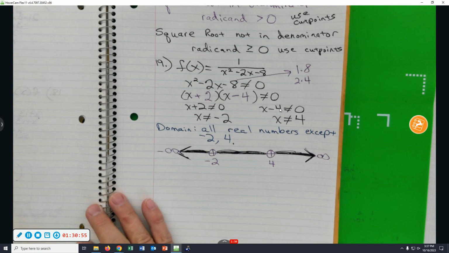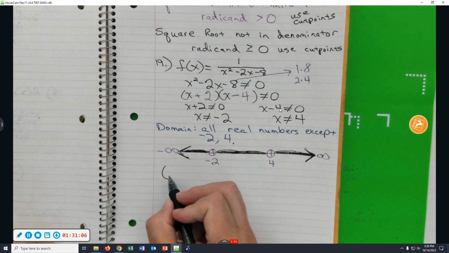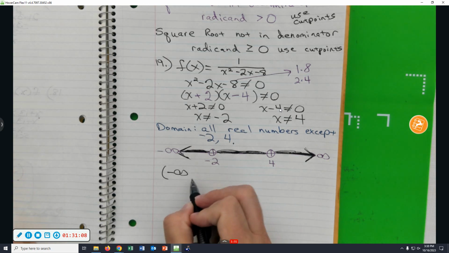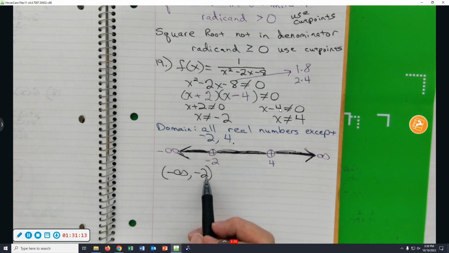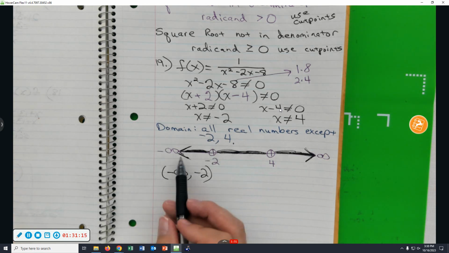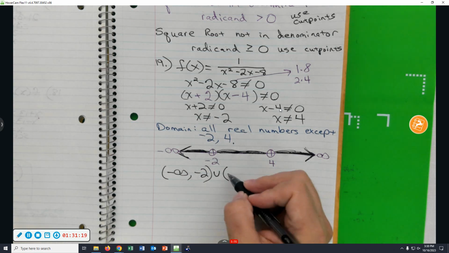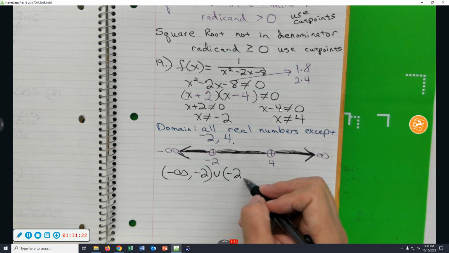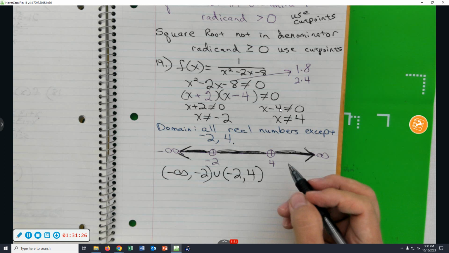I have to write that out using interval notation. Am I going to have any brackets? No, so it's all going to be parentheses. Parentheses, negative infinity, comma, -2, parentheses. This is saying everything to the left of -2. Or -2, comma 4. We've already said it's all going to be parentheses.